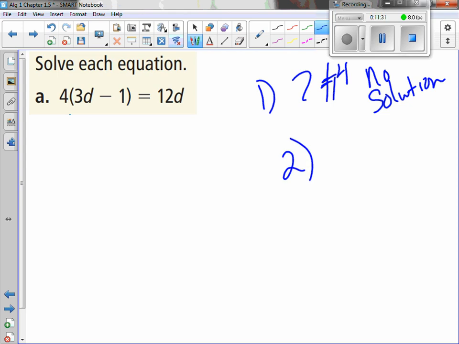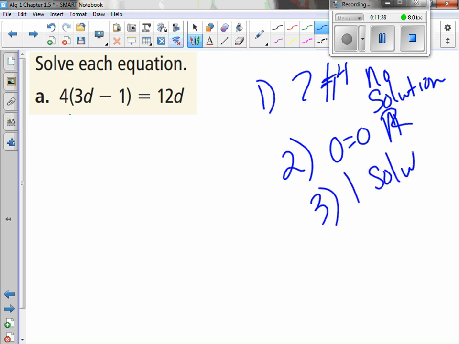Our second one is that it's a true statement, so it's all real numbers. And then our third case is kind of what we dealt with yesterday, where we have a solution, a number. X equals 0, x equals 5, x equals 1/4, where it's one number.